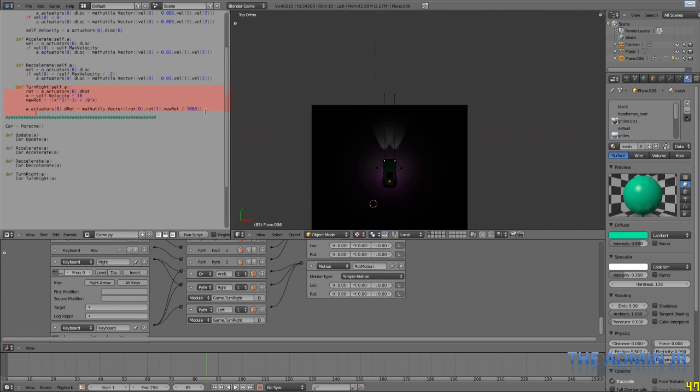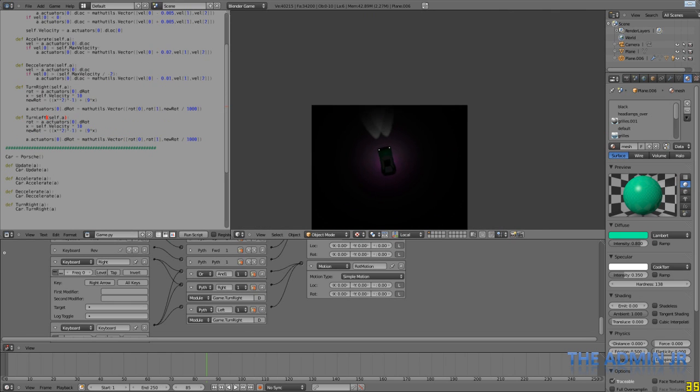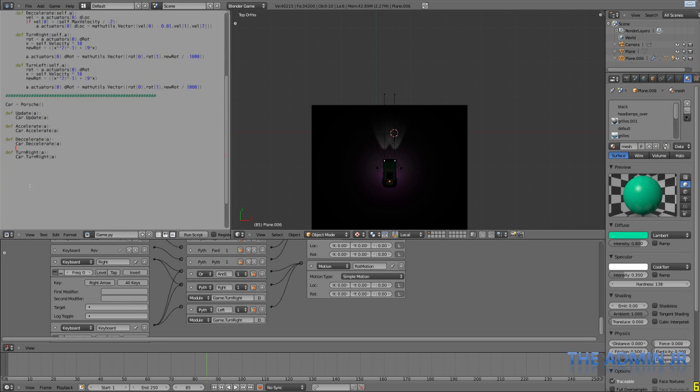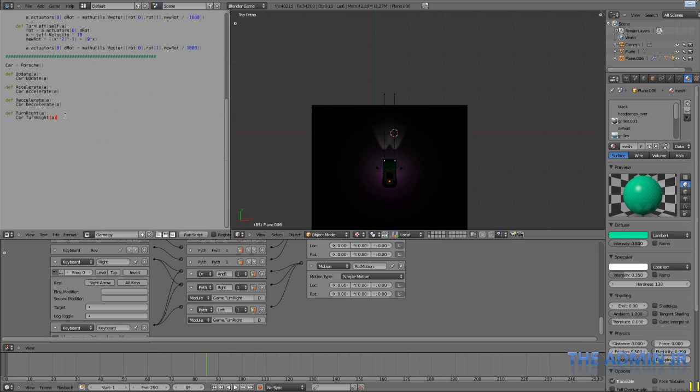So all we need to do is duplicate the turn right and make it turn left instead. And I think actually, yeah, right is in the opposite direction. So this needs to be divided by -1000. That's all you have to do. Turn left is going to be exactly the same. And I'm keeping them separate just for the sake of organisation.